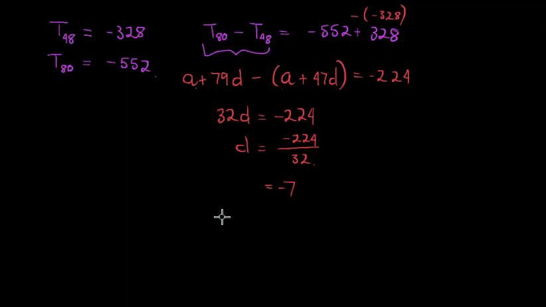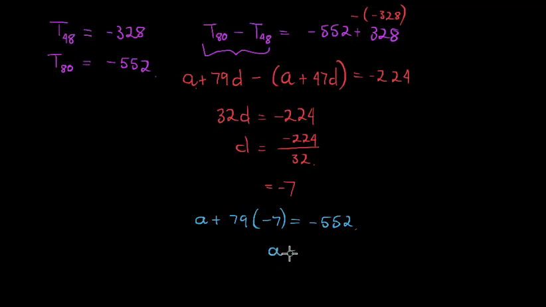Okay, how will we get A? We can substitute D in either of the two formulas. So T80 is A plus 79 times negative 7, which should give me negative 552.